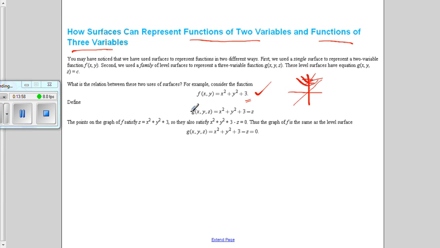And what is its connection to our 4-dimensional system? g of x, y, z equals x squared plus y squared plus 3 minus z.